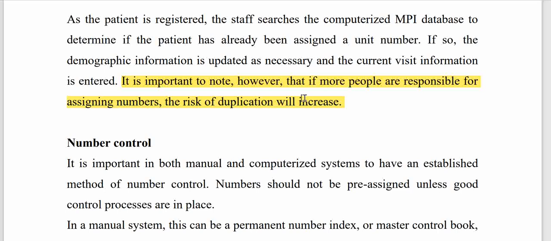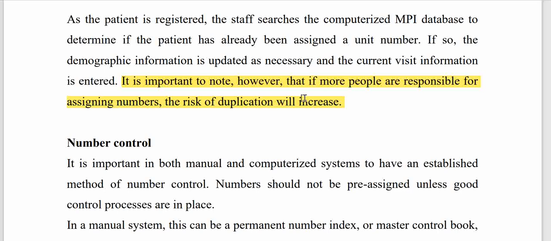Now, say a number was assigned to a patient some time back, and the record has moved from the active area, and the record has become inactive, and therefore it has been destroyed. So the moment the record has been destroyed, it renders that number a new number.